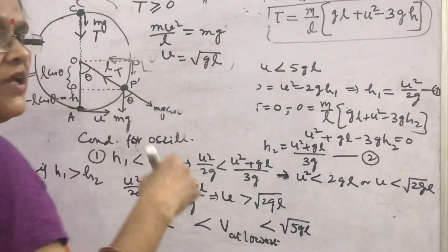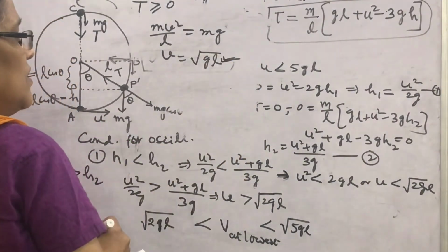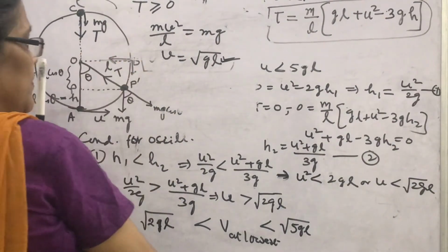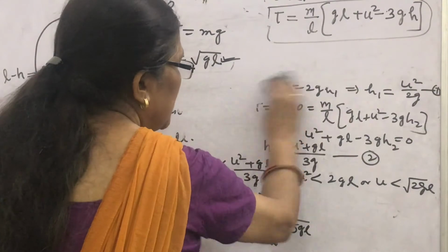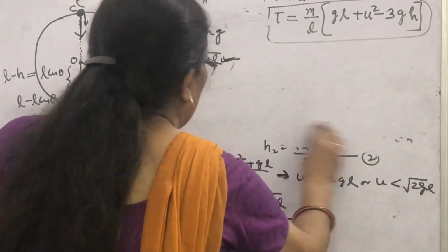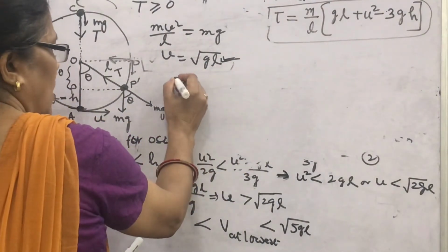GL. In any of the numerical, if the length of the string is given, find what will be the angular speed with which the bucket is rotated. How will you find? Look here, that if V square is GL, then how will you find?